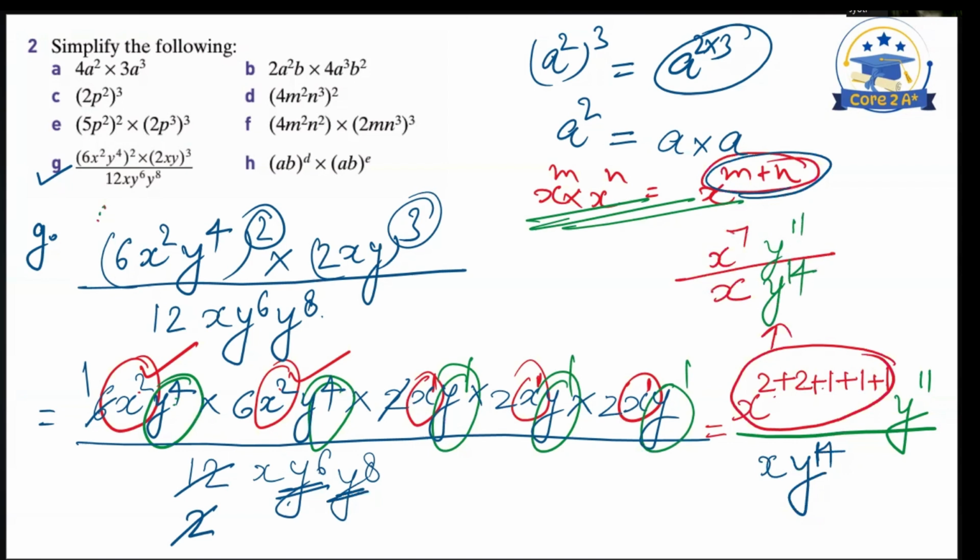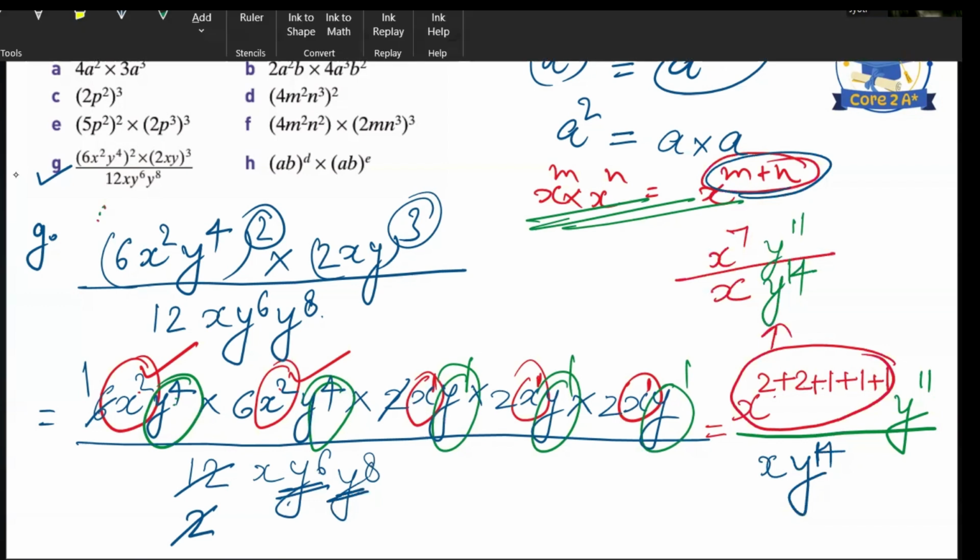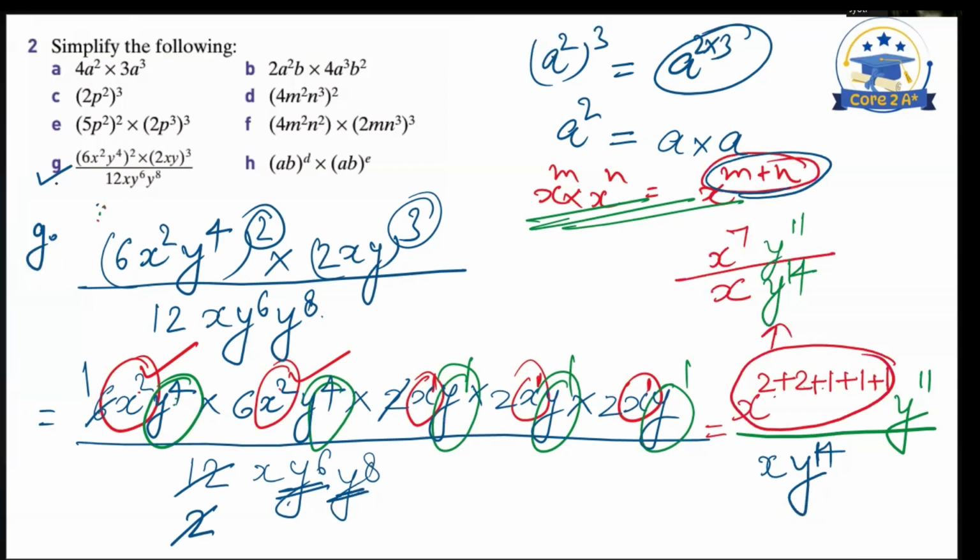Now, can we cancel? Yes, we can. We can cancel only one x from the 7. So how many x are there? 6x. It means x to the power 6. Now, for y, what do we have to do? 11 minus 14, right? 11 minus 14 is what? 3 or minus 3?